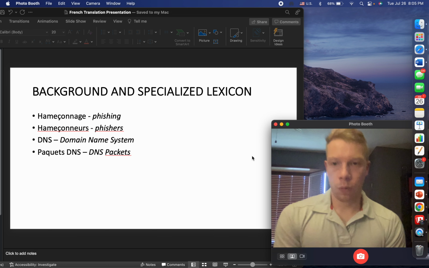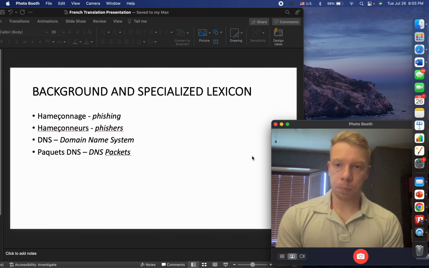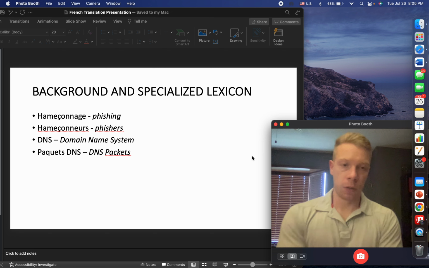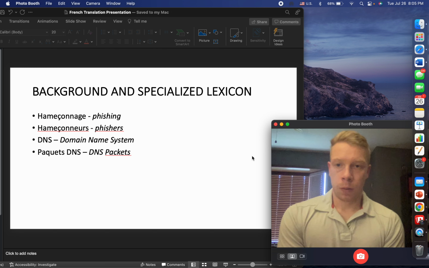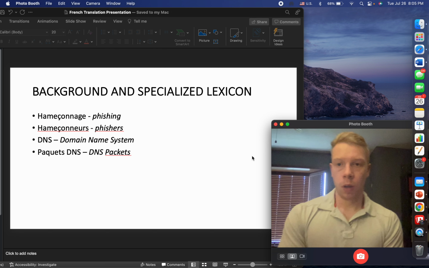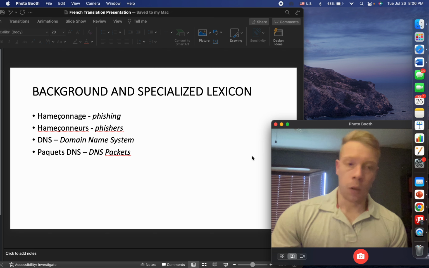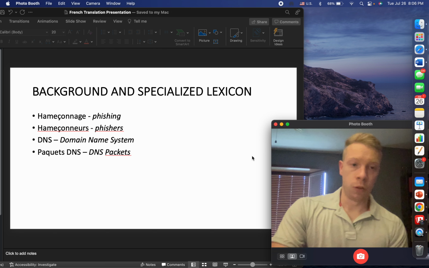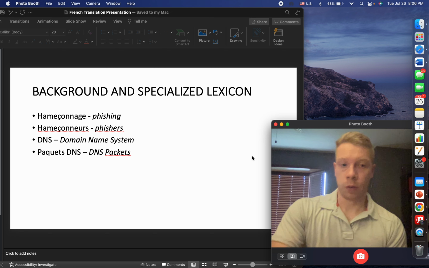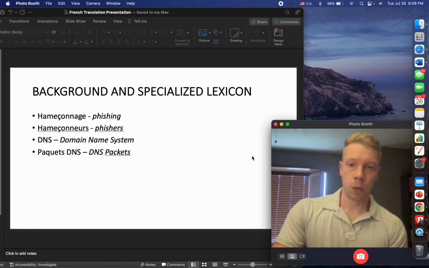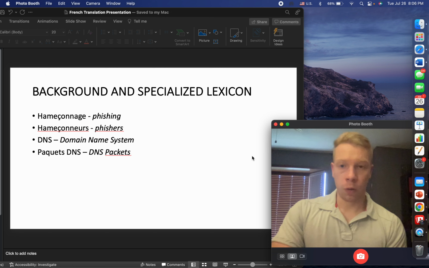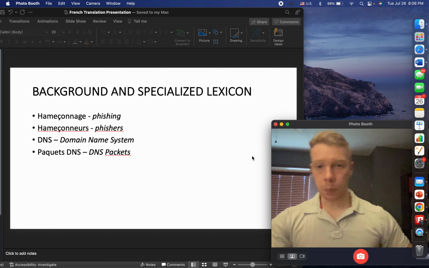Here are a few lexical items that may not be totally intuitive upon first reading of this article. Phishing a lot of times may be just transliterated or translated literally or accepted as an Anglicism, but I've come across this word in the article for phishing.